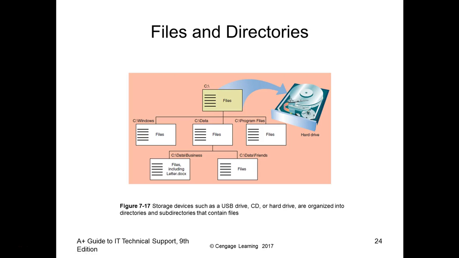So that way, it's easier for us because we can have this C data, and then let's say we wanted to create another folder right over here for this class. That would be ITSC 1305. Then we could dump any and all data from 1305 into that folder. So when we're looking for something for this class, we know right where to go and where to find it. So it makes things a little bit easier for us from the organizational standpoint.